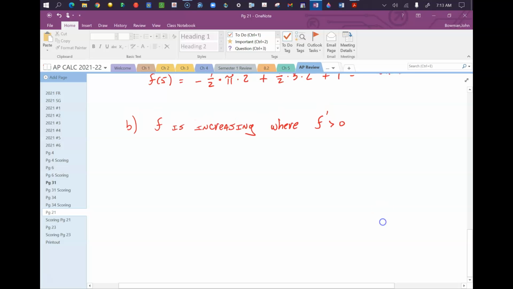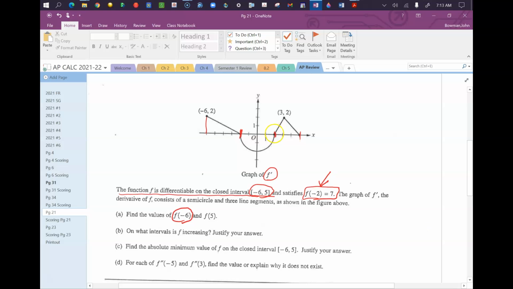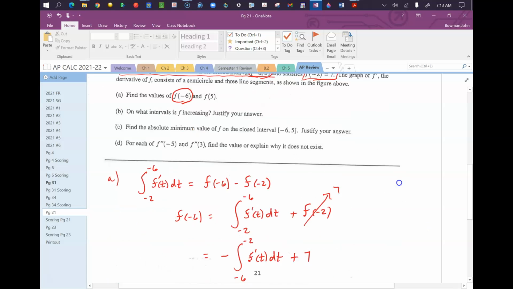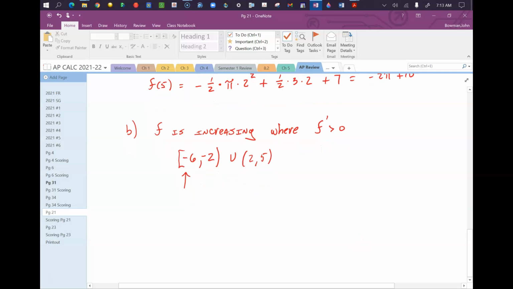So our answer to that question is going to be from -6 to -2, or from 2 to +5. And again, we're including this endpoint at -6 because f prime is positive there. We're not including -2, 2, or 5 because f prime is 0 there.